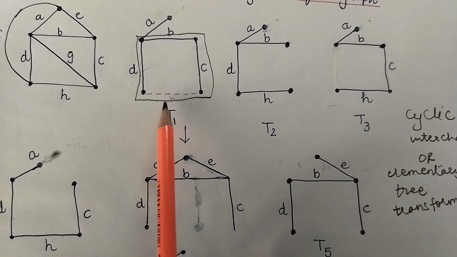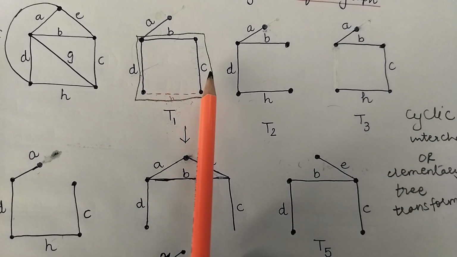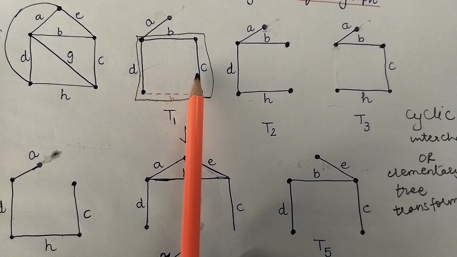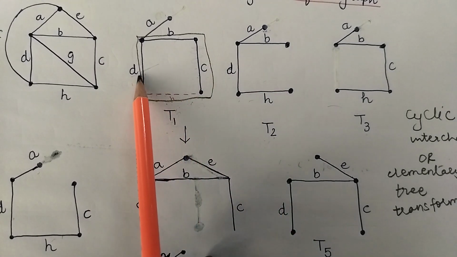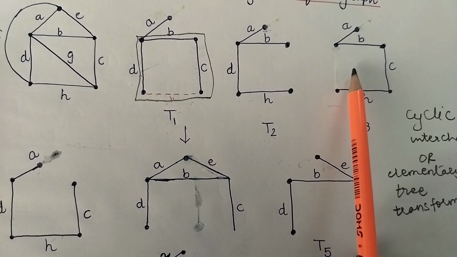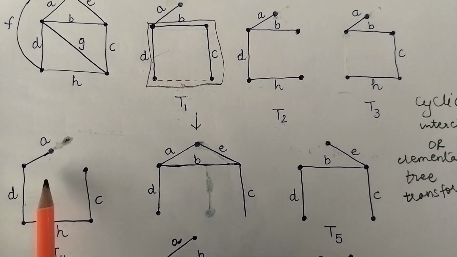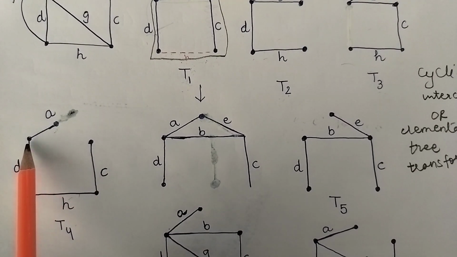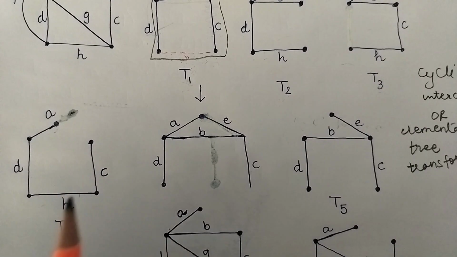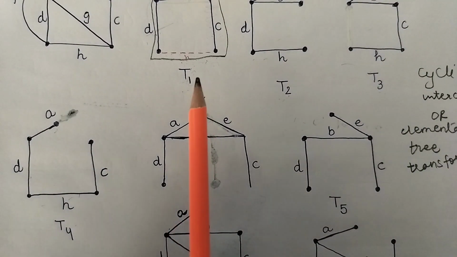And after obtaining a fundamental circuit by adding the chord H to the spanning tree, first of all I removed the branch C. Then I got the spanning tree T2. After removing branch D, I got the spanning tree T3, and after removing the branch B, as you can see here, I obtained the spanning tree T4. So this is how simple it is to obtain so many spanning trees from one spanning tree.